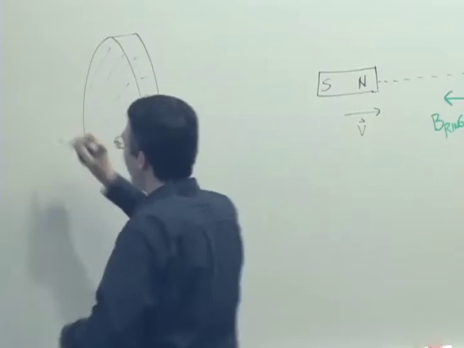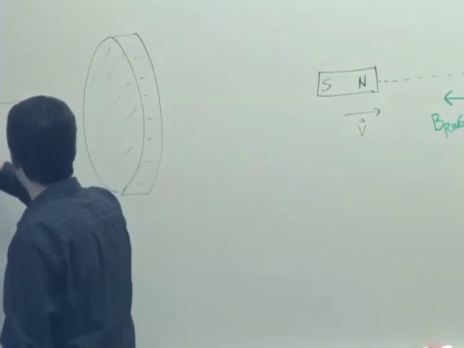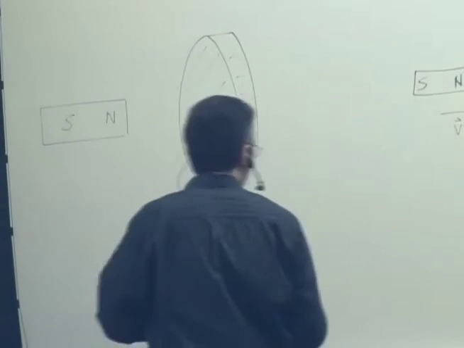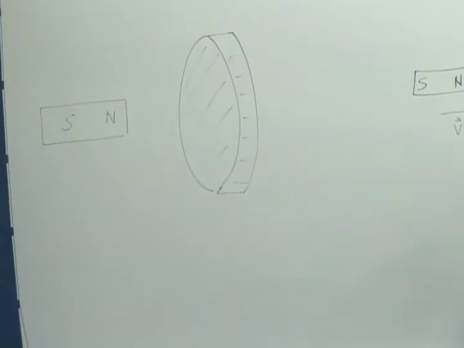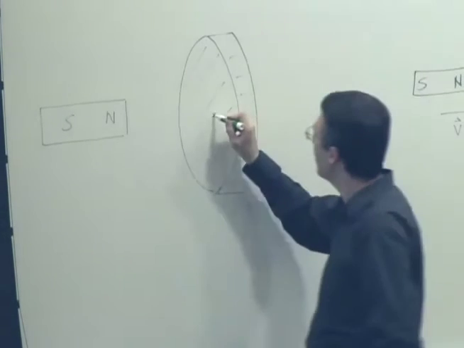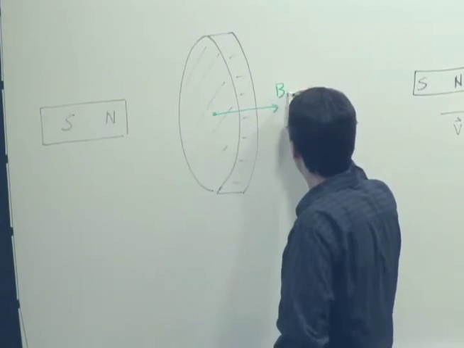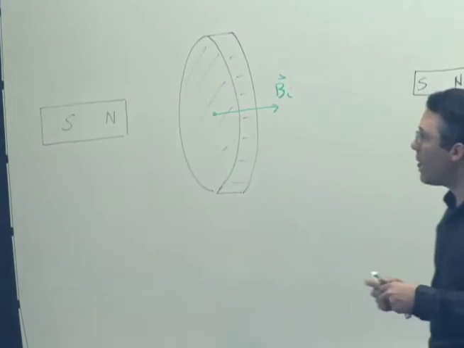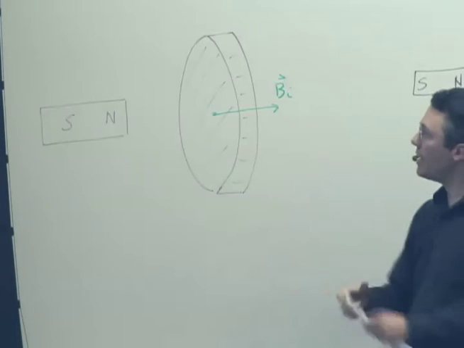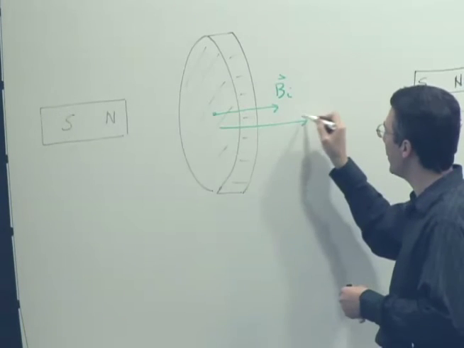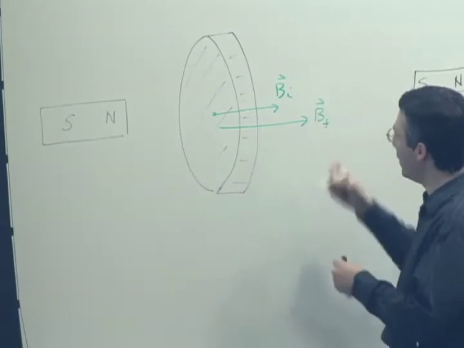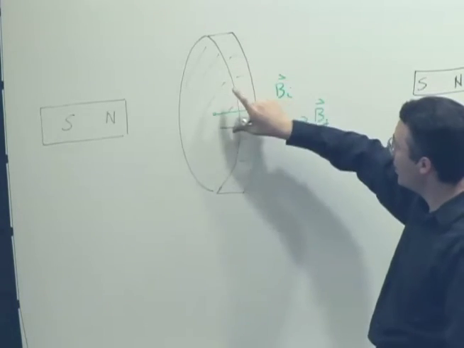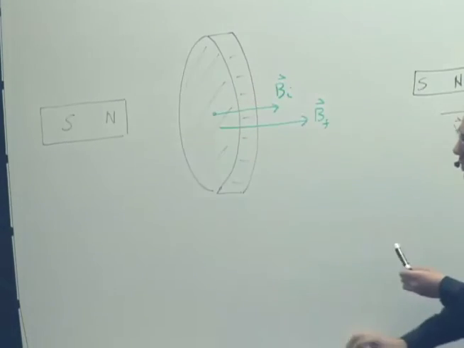And I'm going to do the same thing. Here is a bar magnet, north pole, south pole, and the initial magnetic field is pointing that way. You might say, okay, maybe the same thing happens here. I have some initial magnetic field. I move the bar magnet closer. I have some final magnetic field, but I get some currents that are induced somehow in the edge to make the change in flux equal to zero.